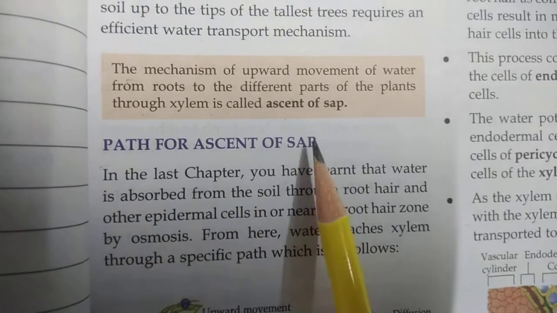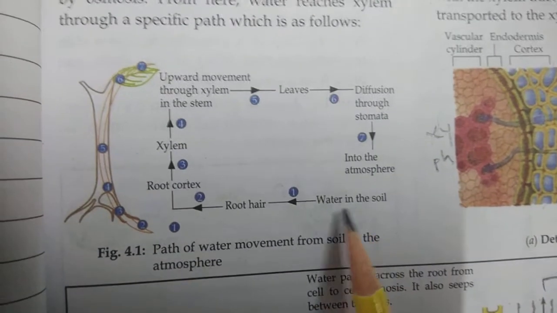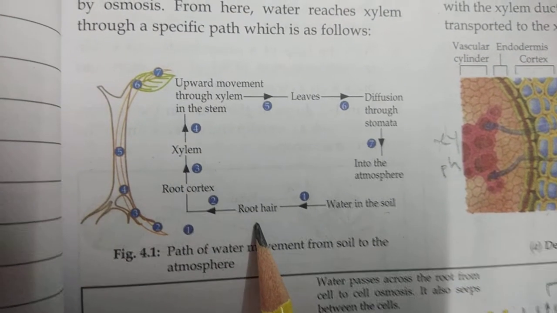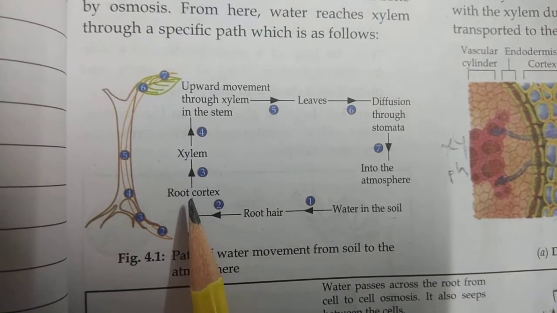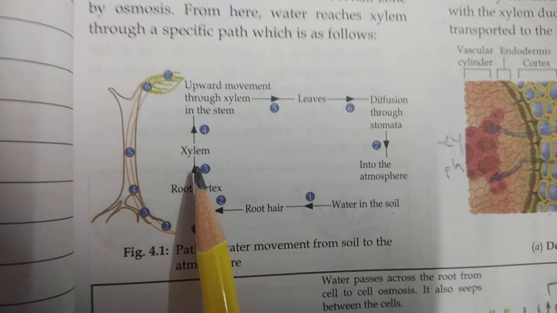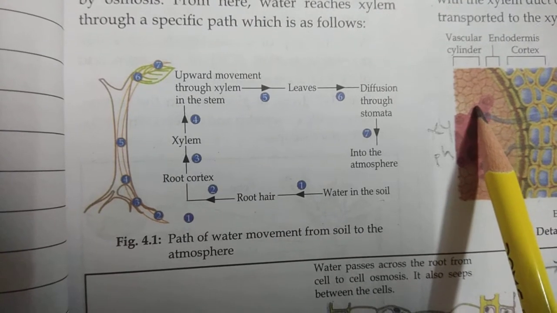What is the pathway of the ascent of sap? I have already taught you. Again, revise it. The water in the soil goes into the root hair. After the root hair, it goes to the cortex, then the endodermis, the pericycle, and after the pericycle it goes to the vascular bundles.